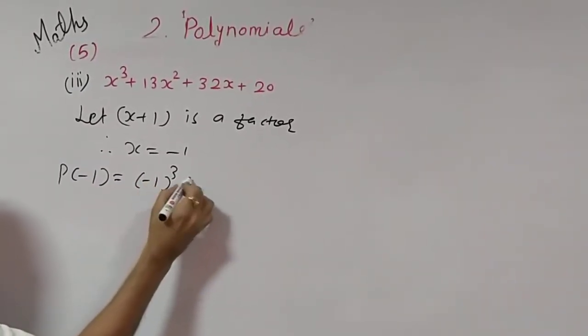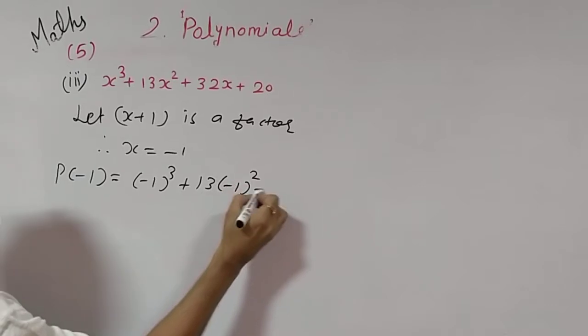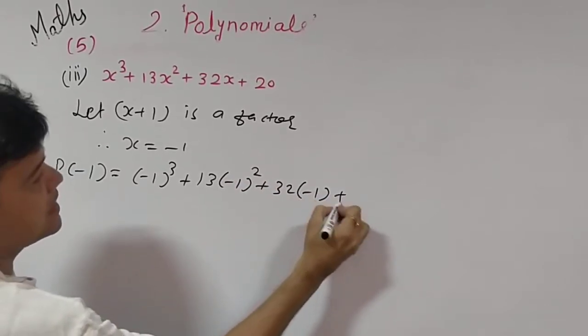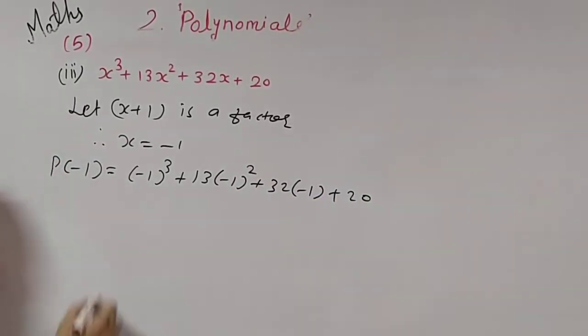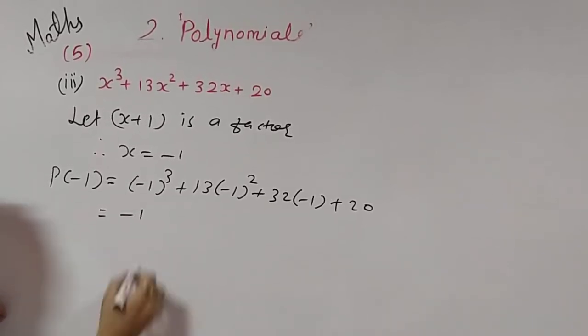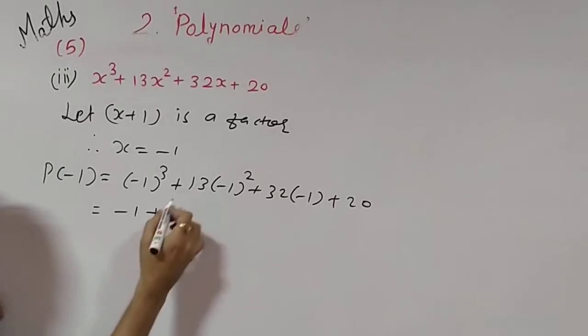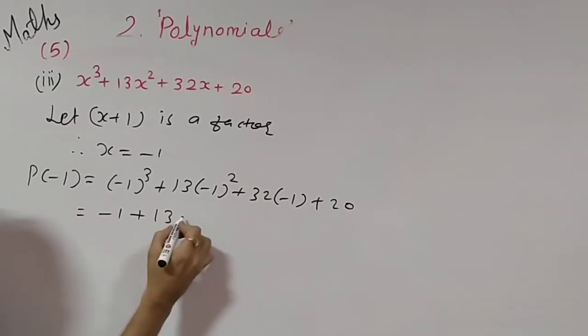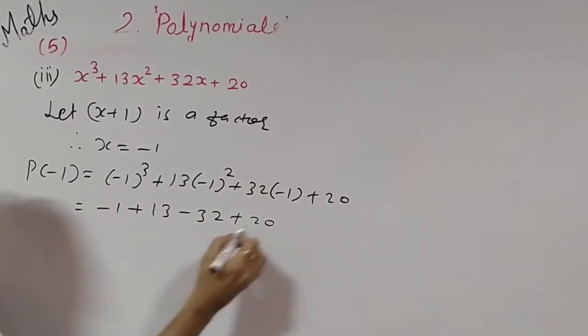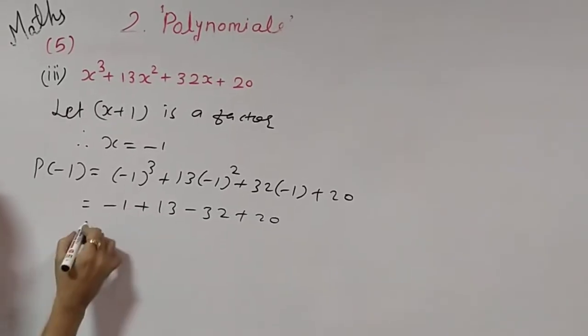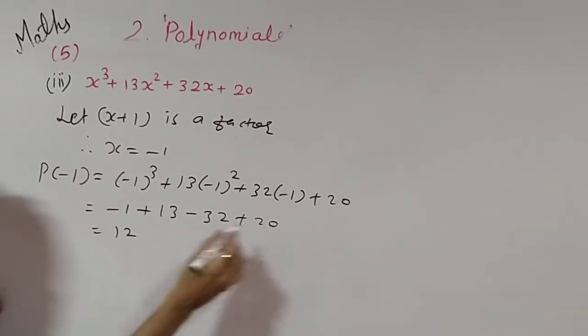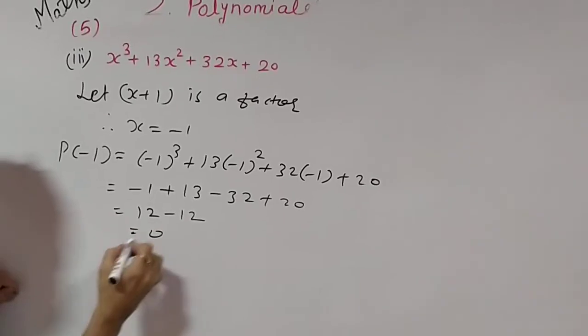Minus 1 cube, 13 into minus 1 square, 32 into minus 1 plus 20. Minus 1 cube is minus 1, 13 into minus 1 square is plus 13, minus 32 plus 20. Minus 1 plus 13 is 12, minus 32 plus 20 is minus 12, so 0.